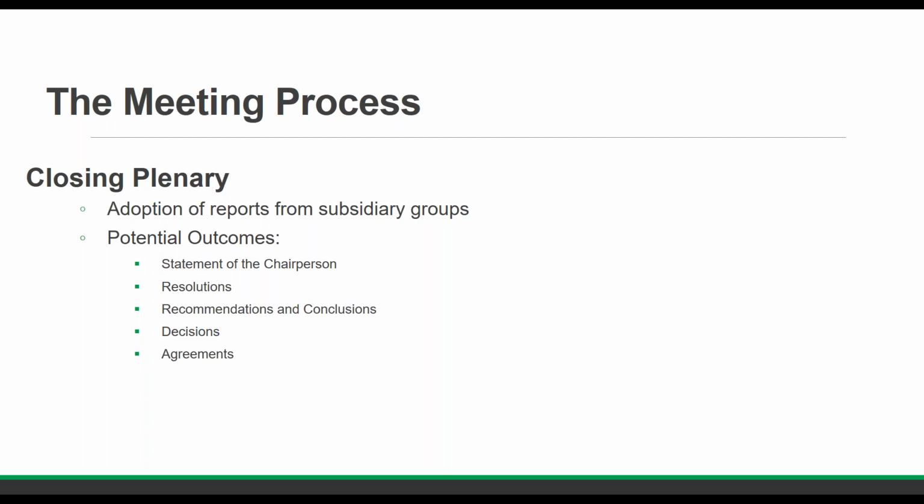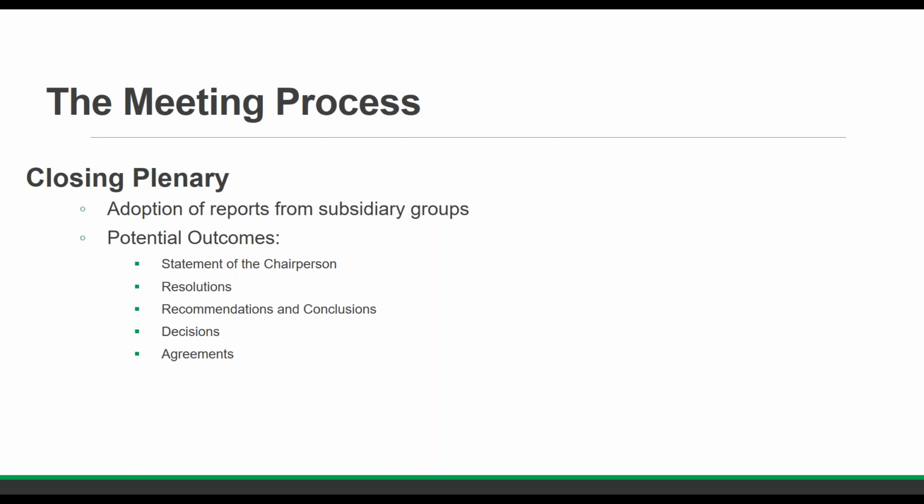And one thing just to mention on that piece: if you are an advocate, you have an observer and not a party badge, and you are hoping to follow an agenda item that appears closed, it is always worth asking a party to ask the chair, if it hasn't already been deemed closed or requested by a party to stay closed, whether parties are okay with it being open to observers. And sometimes that works and sometimes it doesn't.